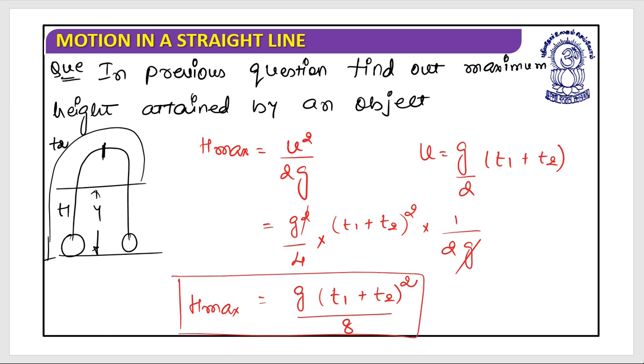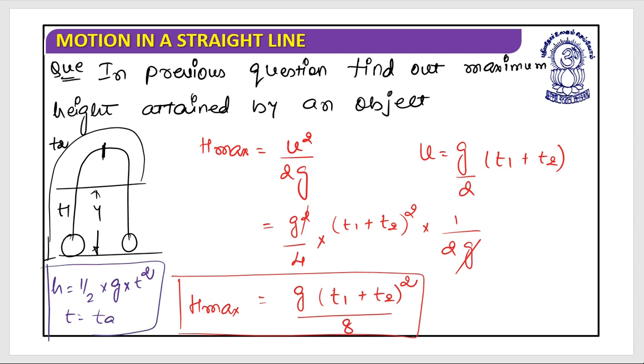Any other option? Any other alternate? Yes, if you wish you can do this with h is equal to half into g into t square, where t should be equal to the time of ascent.